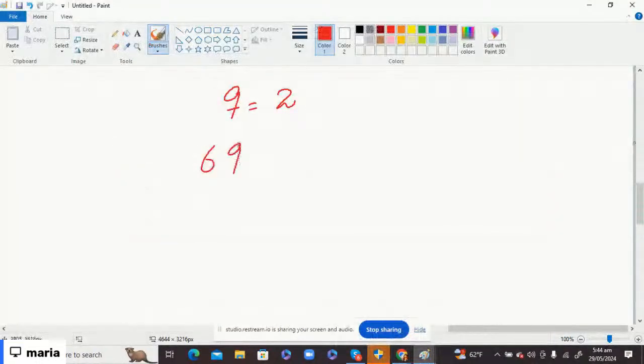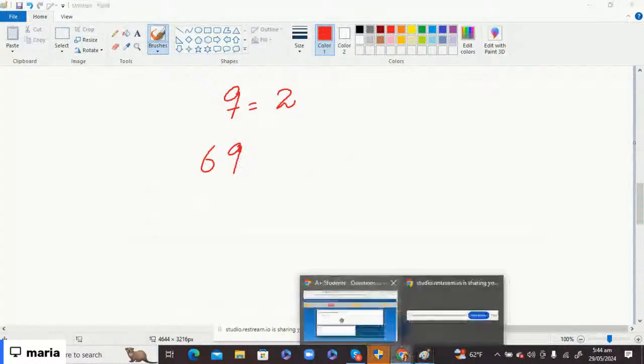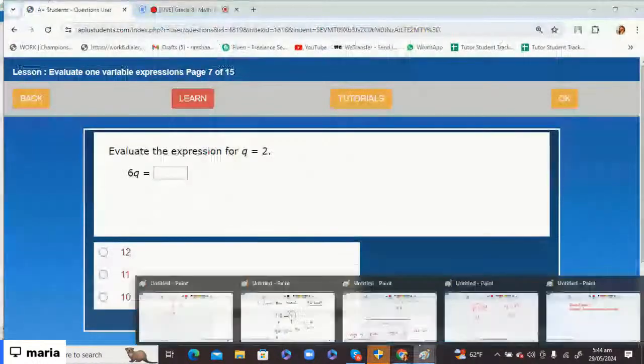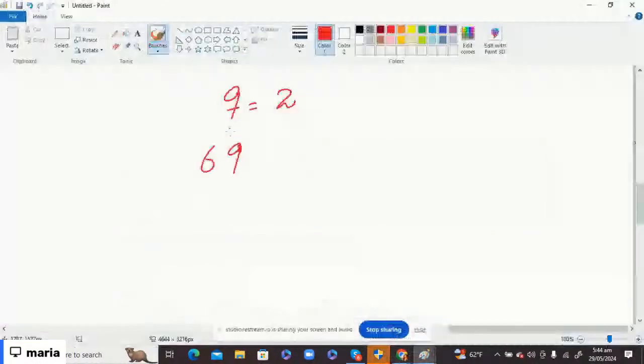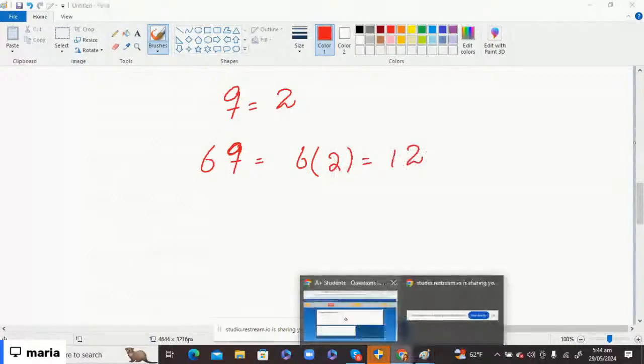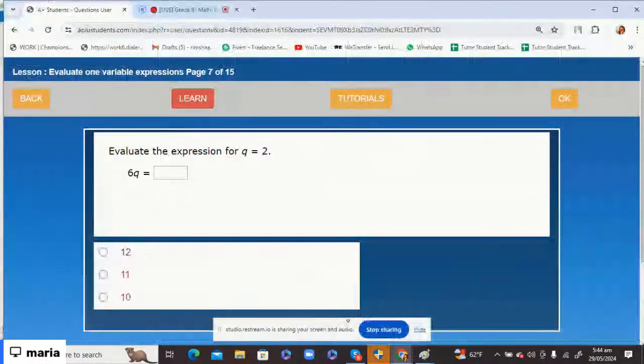So 6 as it is, in place of q I'm putting 2. So 6 times 2 is 12. Okay, let's move with the option 12.